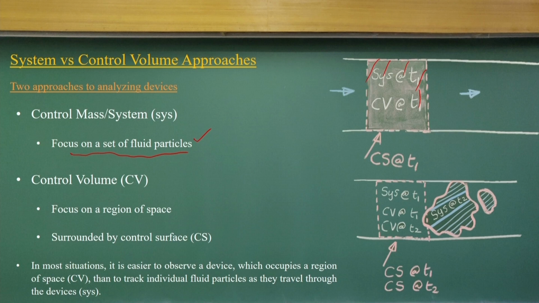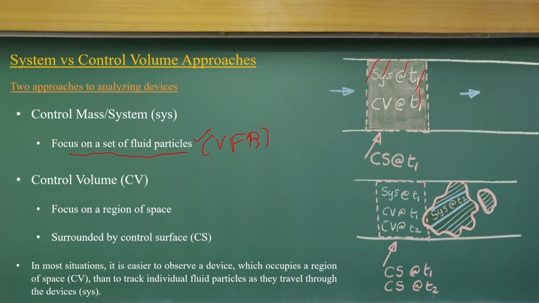What is a control mass or system? It is what we consider a set of fluid particles. But now I say it is not a set of fluid particles. We are talking about a set of virtual fluid balls. Okay, VFB, virtual fluid balls. Fluid particles are the fluid balls.